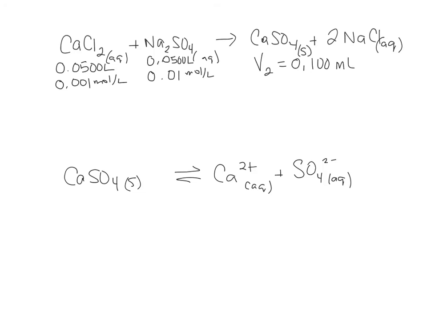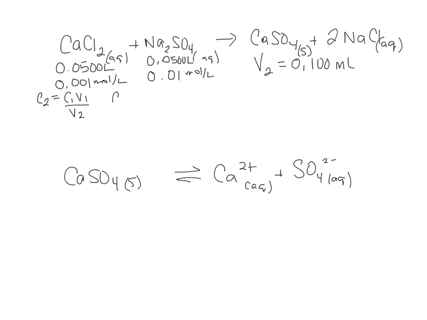So we have to apply the dilution equation to both of these solutions to figure out what the new concentration of the ions for sulfate and calcium are, based on the fact that we've diluted to 100 milliliters. So C2 is equal to C1 V1 divided by V2 for both of them.